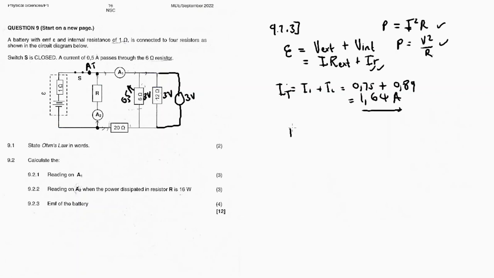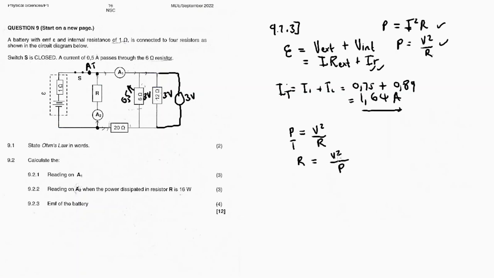So let's use this one, P equals V squared over R. Even R and V could be calculated, but you get the point. Whether we use this one or this one, it will be the same. But I like using the formula where the values are given. So cross multiplying, making R the subject of the formula, I get R equals V squared over P.